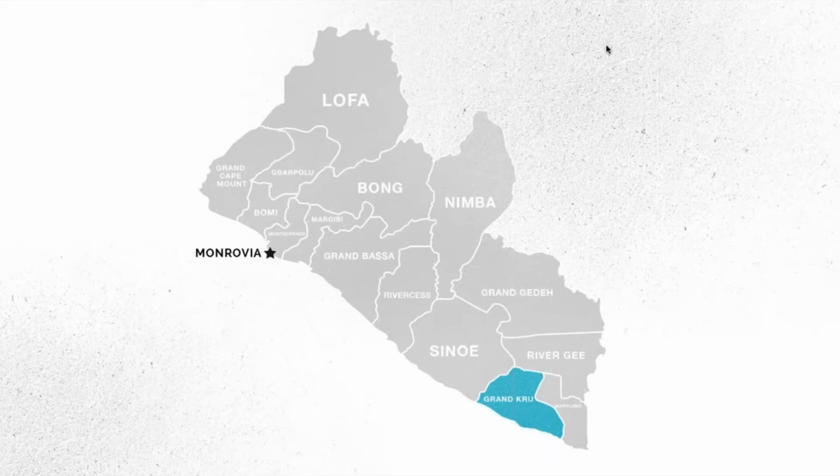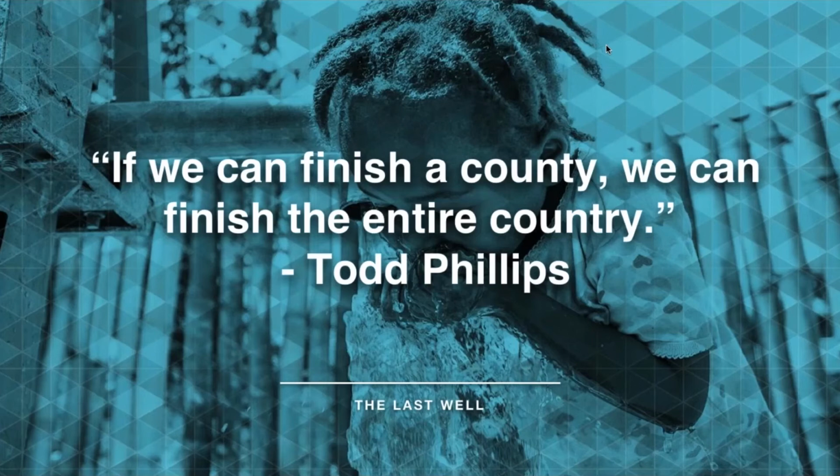It was verified through all of the data that we had collected, and the government went in and double checked everything, and it was true, and they certified that letter. That was a big game changer for the country of Liberia. Grand Cru is down in the southern part of Liberia, as you can see. The founder of The Last Well, his name is Todd Phillips. He is amazing, one of the greatest leaders I've ever met.